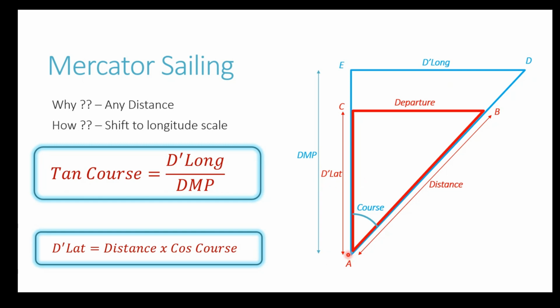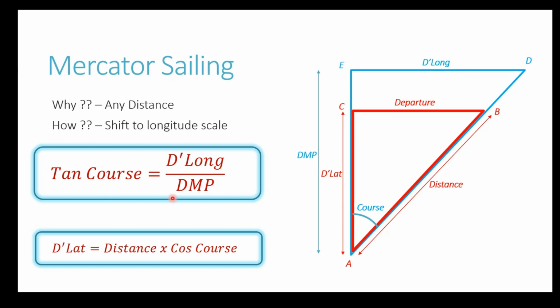Depending upon where you are, at the bottom of the chart or at the top of the chart, 1 minute of latitude or 1 degree of latitude will vary in distance. 1 minute of latitude keeps on becoming bigger and bigger as you go away from the equator toward the poles. So 1 minute of latitude is a variable unit on the Mercator chart, whereas 1 minute of longitude is a fixed unit on the Mercator chart. So when you convert to longitude units in Mercator sailing, that gives you the required accuracy.